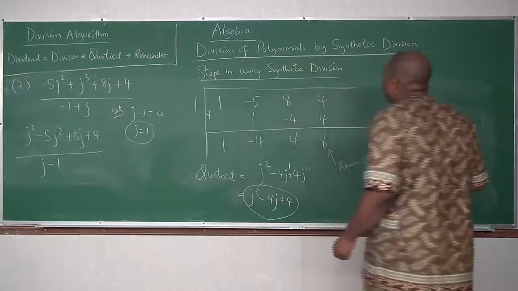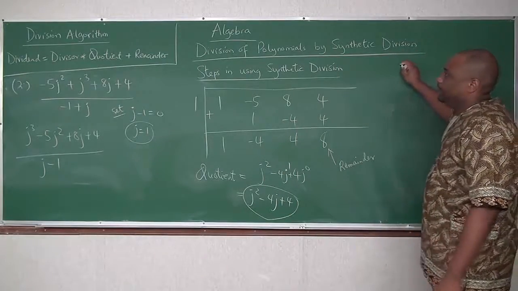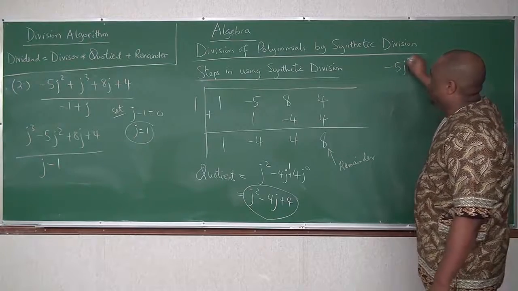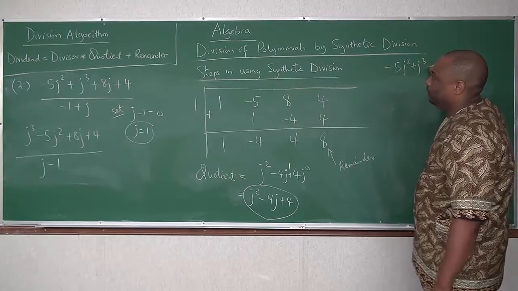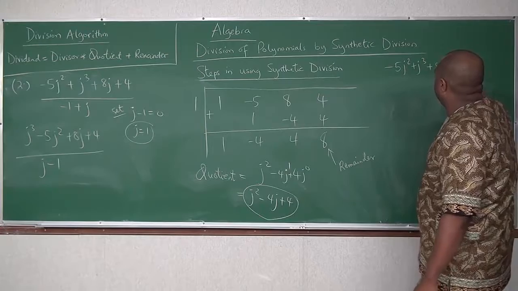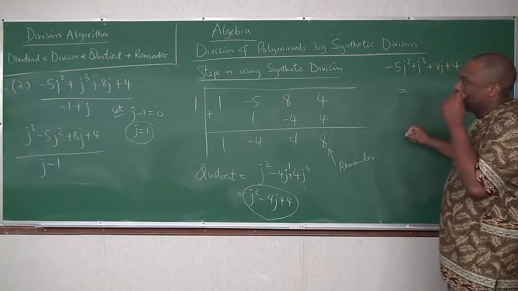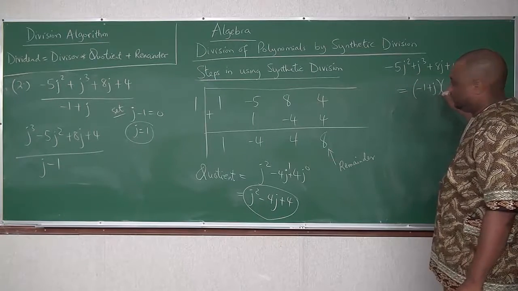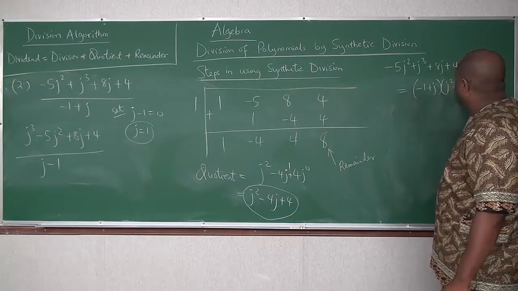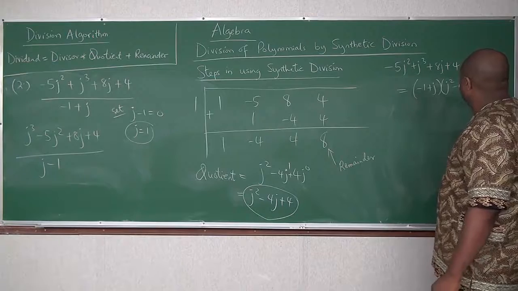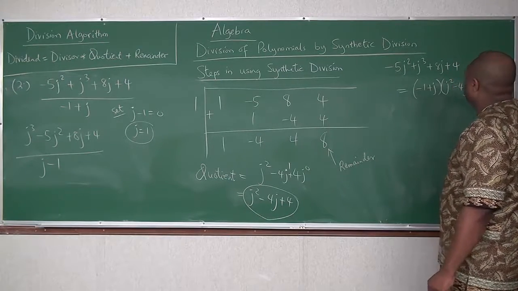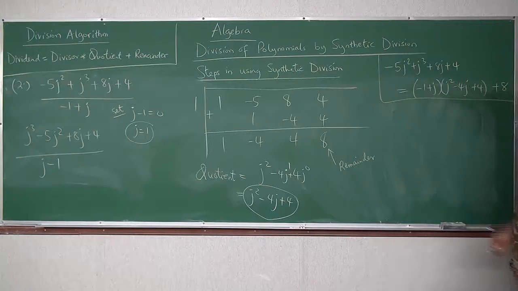So our answer would be that -5J squared plus J cubed plus 8J plus 4 is equal to -1 plus J times J squared minus 4J plus 4, then plus 8. This will be our answer.